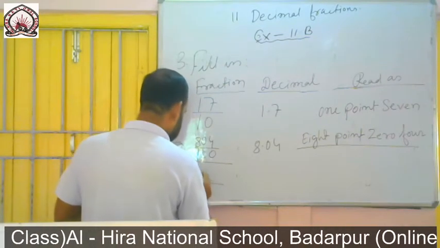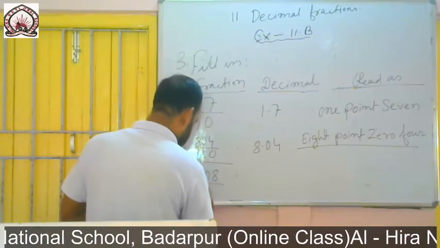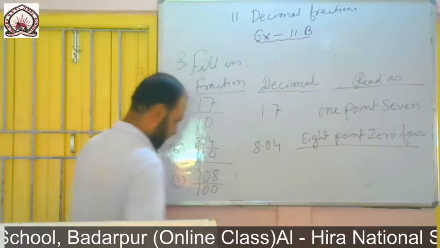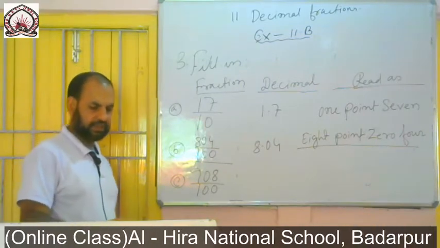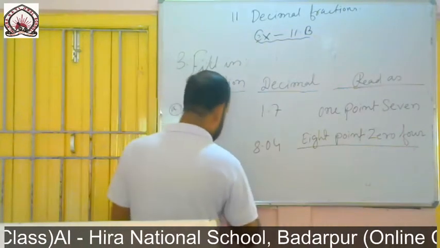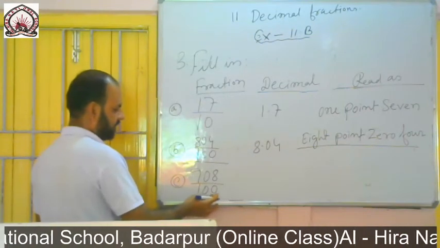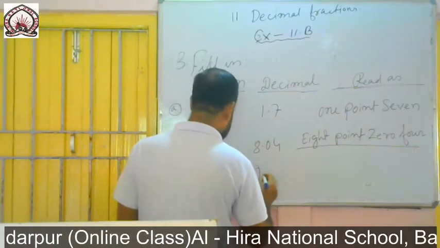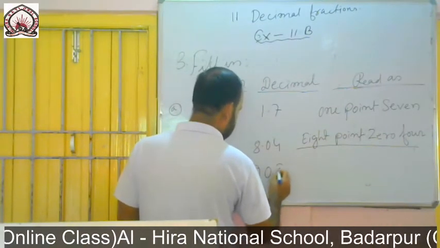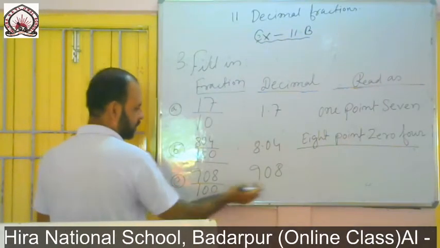Question number C: 908 by 100. First we write the common fraction as a decimal fraction. How many zeros are there in 100? 2 zeros. So first we write only the numerator, 908.